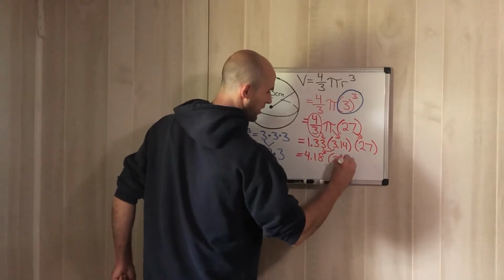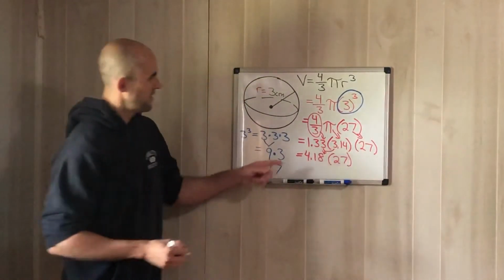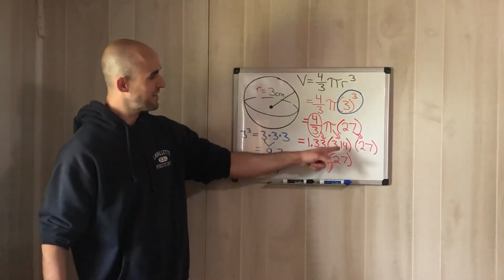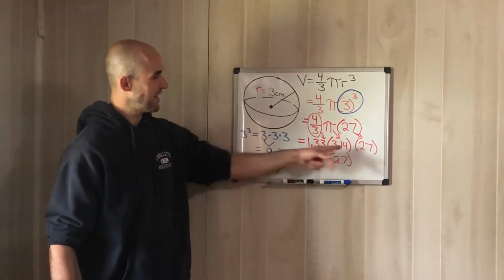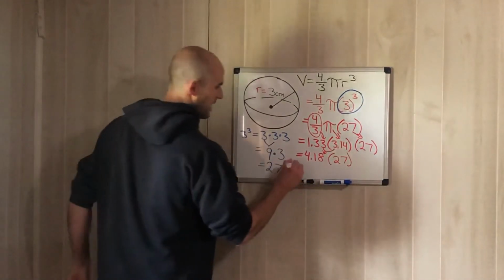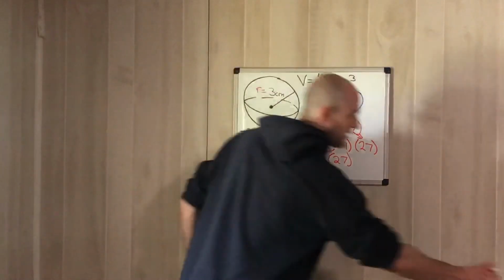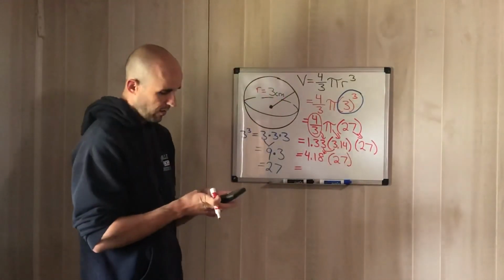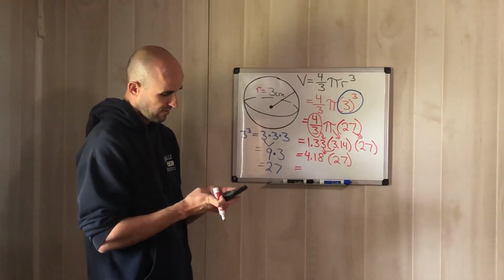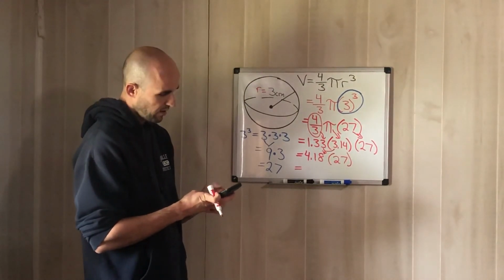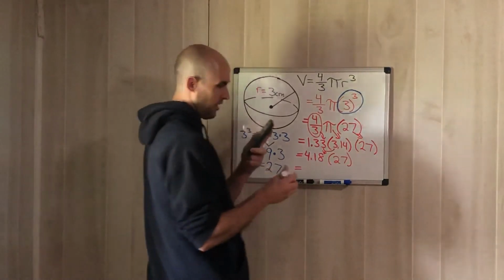So bring down the 27 there. Now 1.33 times 3.14 gave us 4.18, and now you want to do 4.18 times 27. When you do 4.18 times 27, it gives us 112.86.